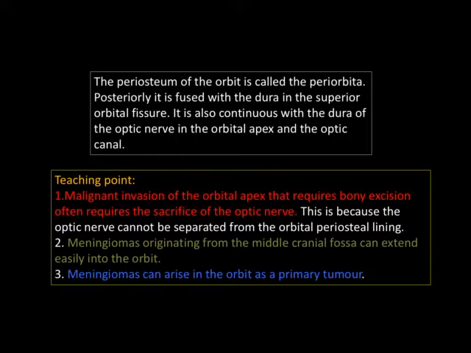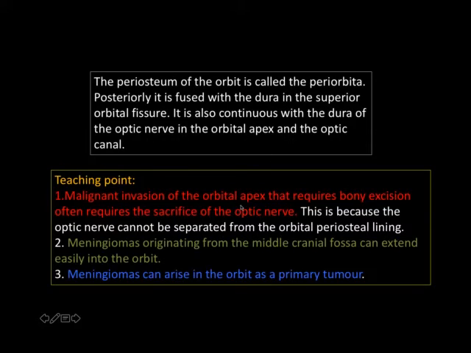The periosteum of the orbit is called the periorbita. Posteriorly, it is fused with the dura at the superior orbital fissure, and also it is continuous with the dura of the optic nerve at the orbital apex and the optic canal.